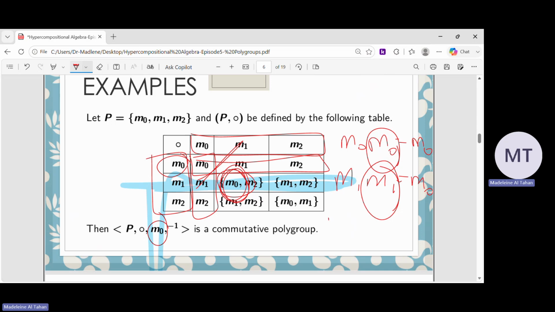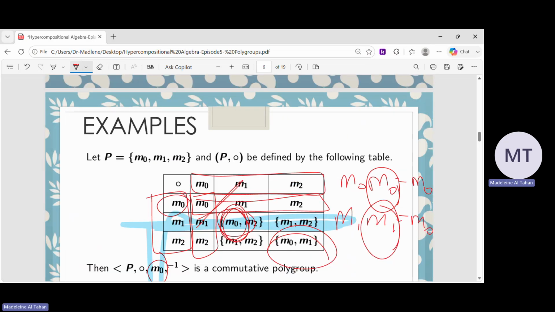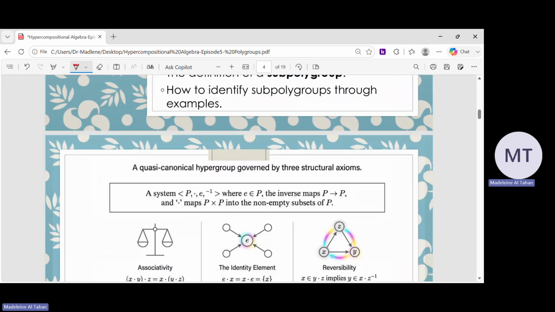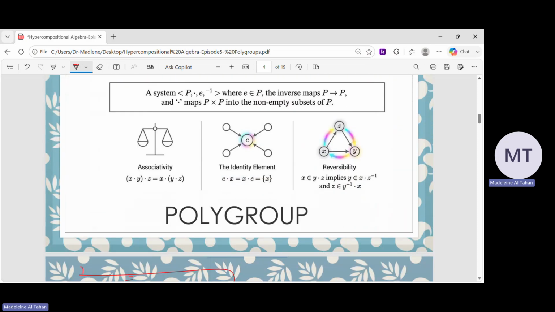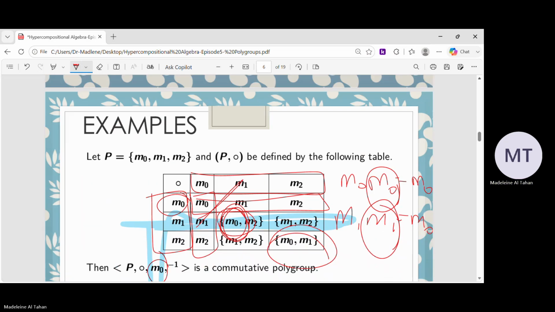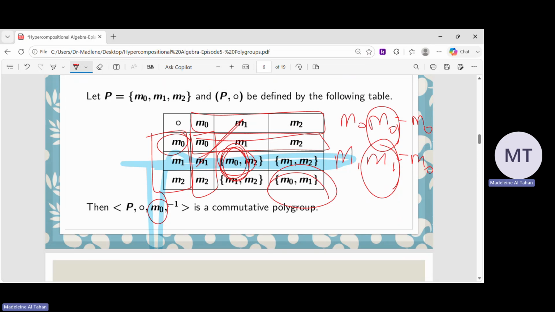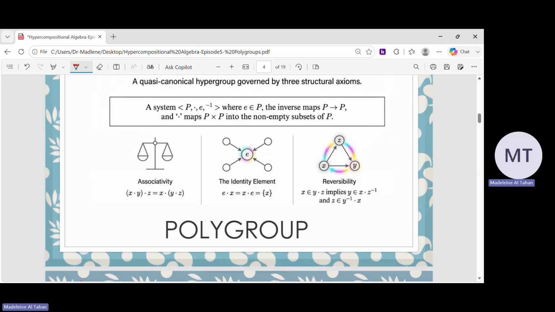Similarly for M2, the inverse of M2 is M2 as well. Are we done? Of course not. What do we need to check also? The reversibility. So we need to check for each three elements. Let's find these. X belongs to Y times Z. We have this one. You can pause the video and try this as well.